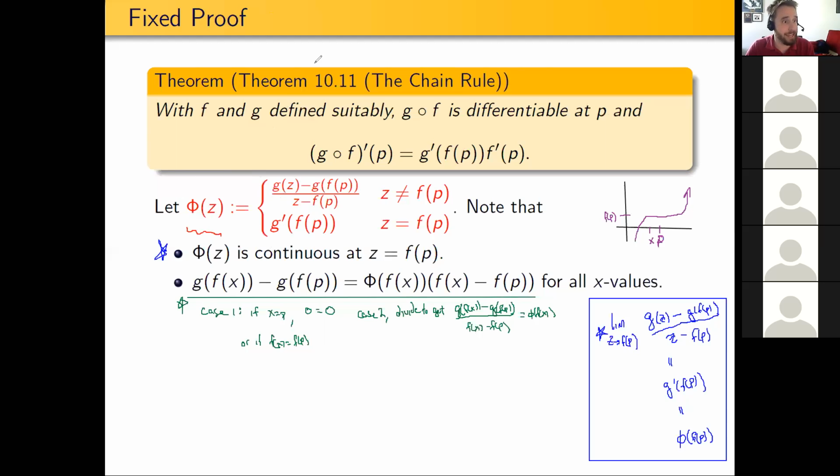right? Because that was a potential issue: what happens if I had an x value for which f of x was equal to f of p. They both had the same height, if we have this flat function over here. Well, if f of x equals f of p, I can't divide. This doesn't make sense. But I'm still in this case, and I still get g of f of x minus g of f of p, so that still becomes 0, and this still becomes 0 as well.